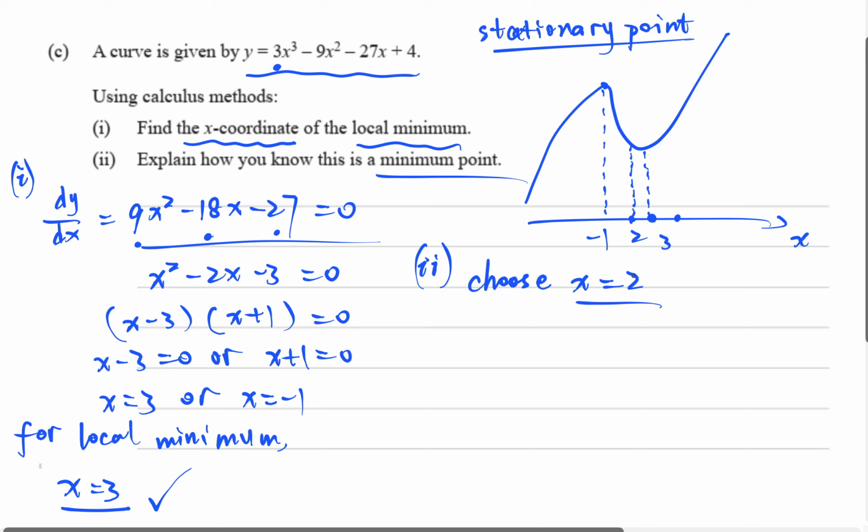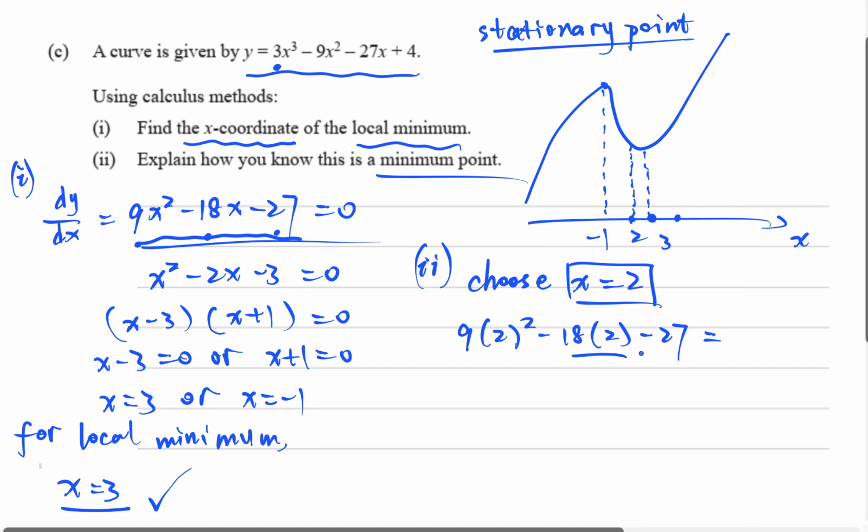This means I substitute this number not into the original function but into the gradient function. So it's 9 times 2 squared minus 18 times 2 minus 27. Let me think about it. 2 squared is 4, 4 times 9 is 36.